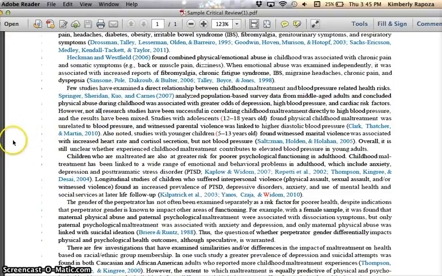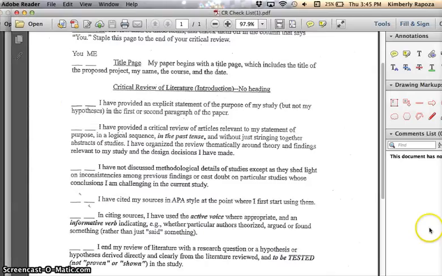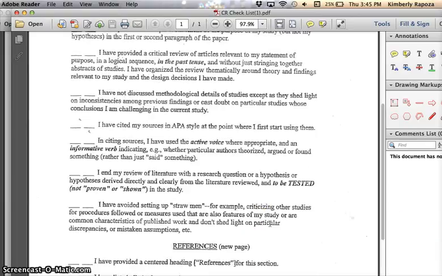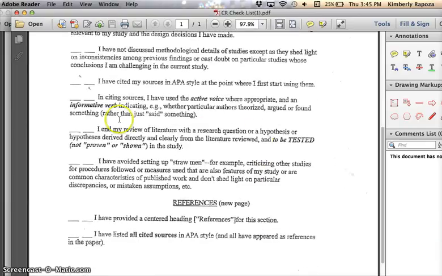Sometimes students make the mistake of citing the material at the end of the fourth sentence when they've been talking about it for a paragraph, and it's really unclear where the information came from. So in APA style, you cite it at the point at which you first start using them.